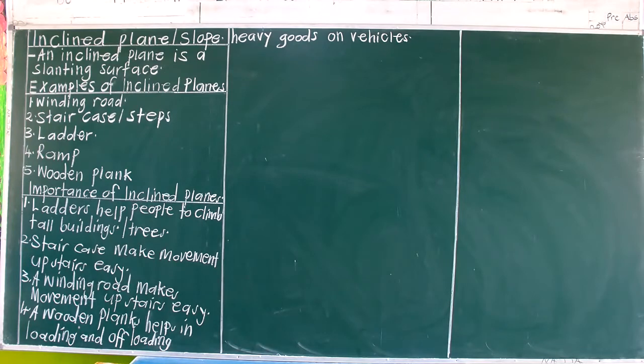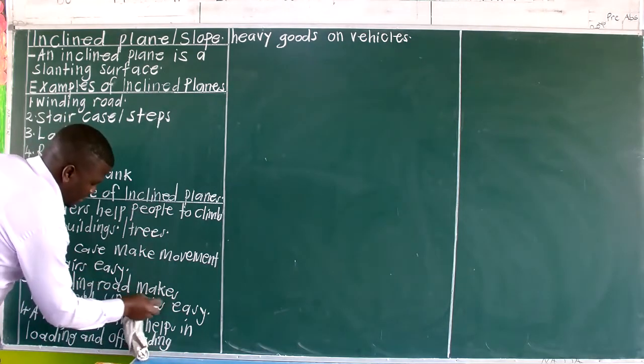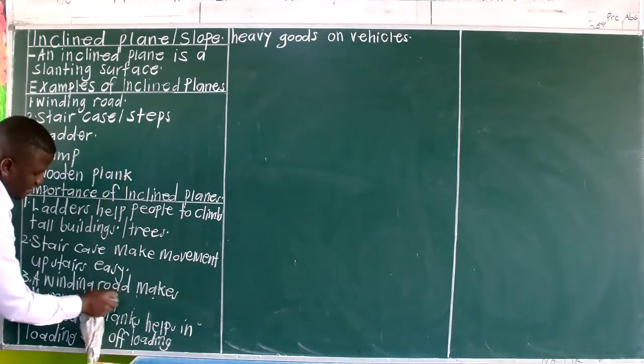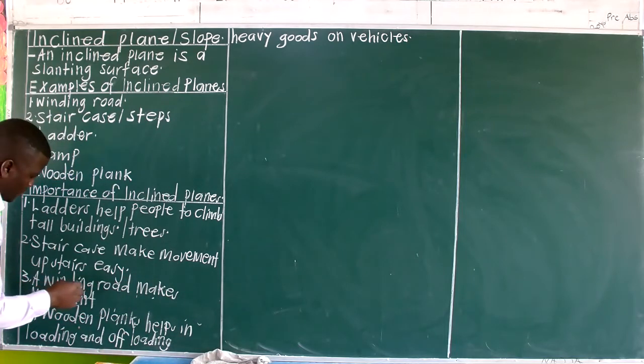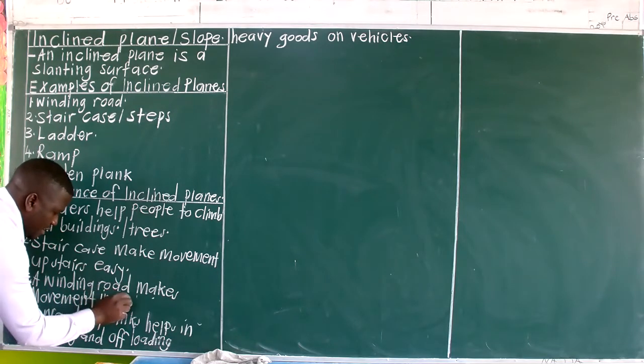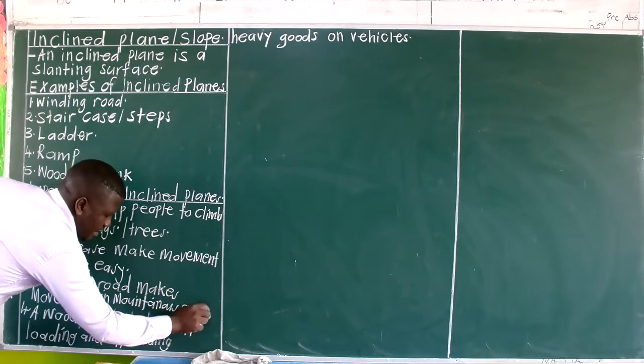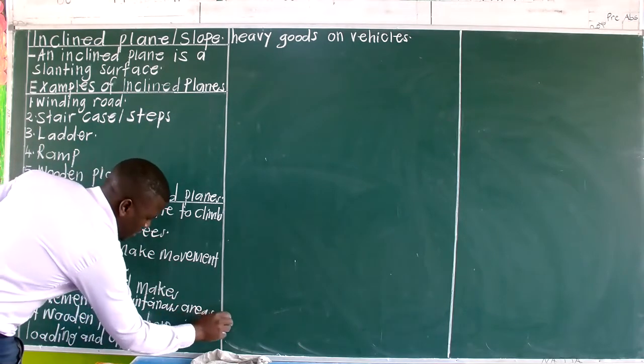So that's how inclined planes are important. Ladders help people to climb tall buildings or trees. Staircases make movement upstairs easy.